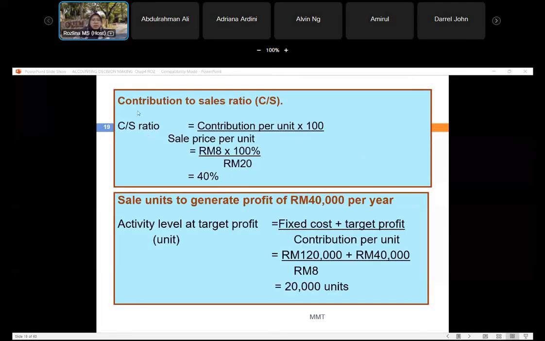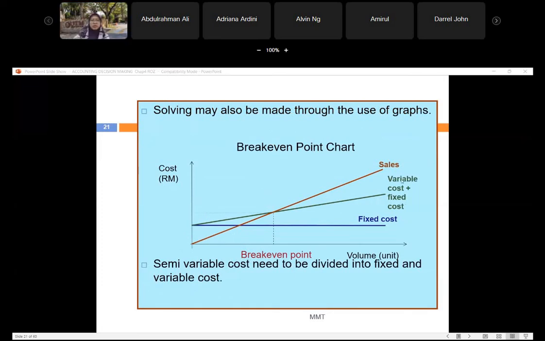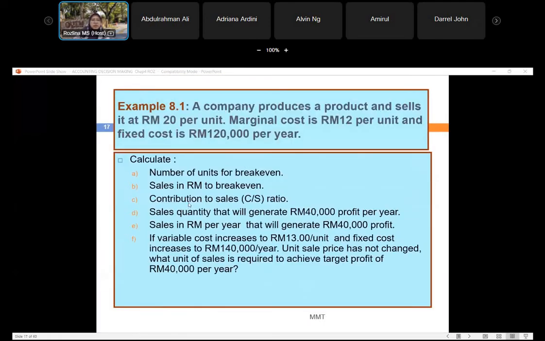Also how to get the ratio, contribution to sales, and then sales units to generate profit of 40,000 per year, and sales per year that generates profit, and then the case study, and then you draw the break-even point graph. Now we go to this part.